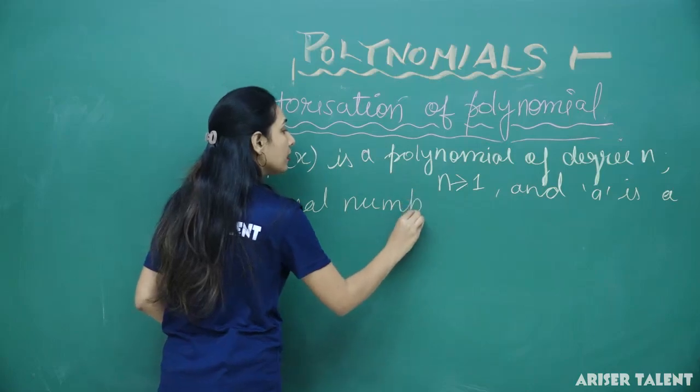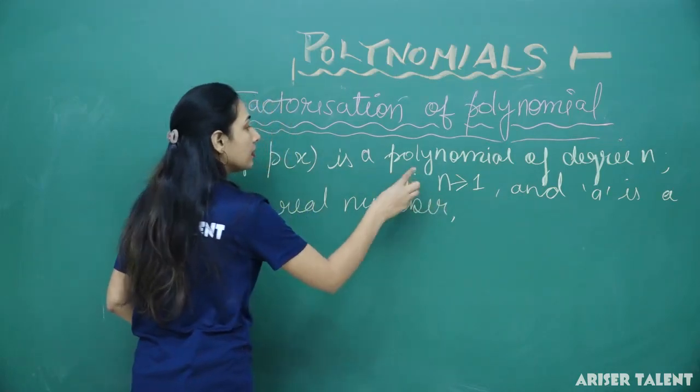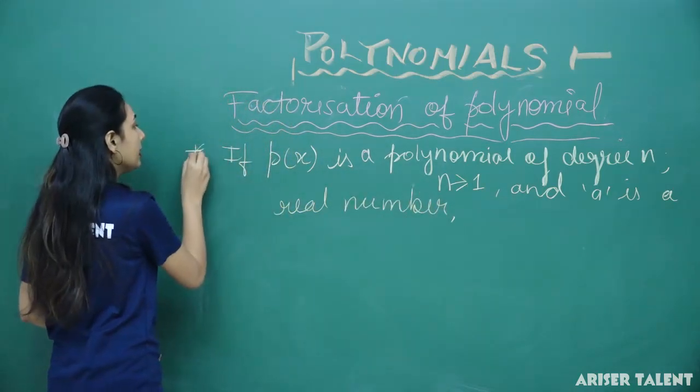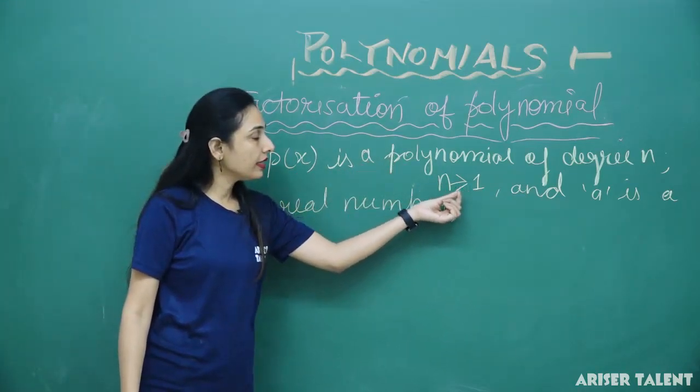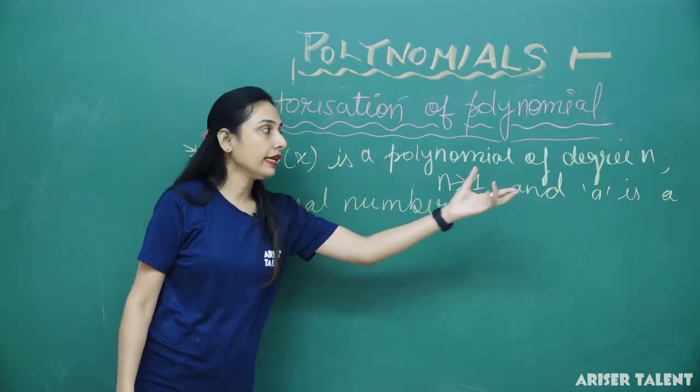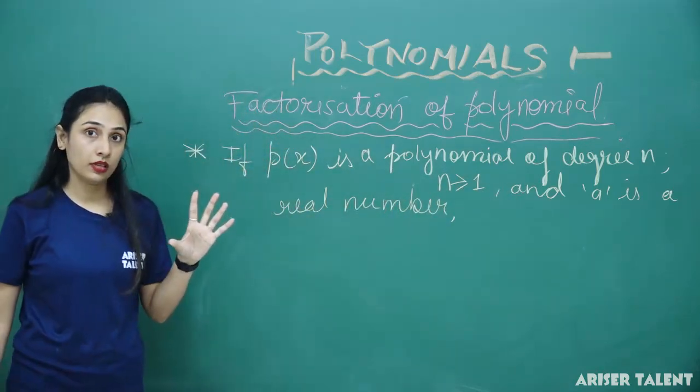A is what? A real number. So, here if P(x) is a polynomial of degree n greater than or equal to 1 and a is a real number.